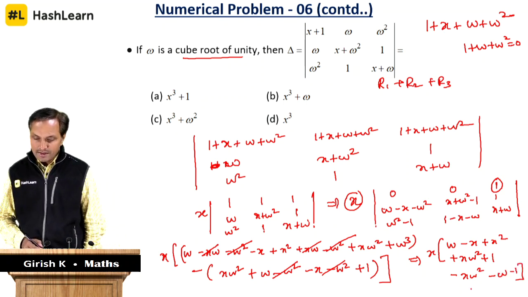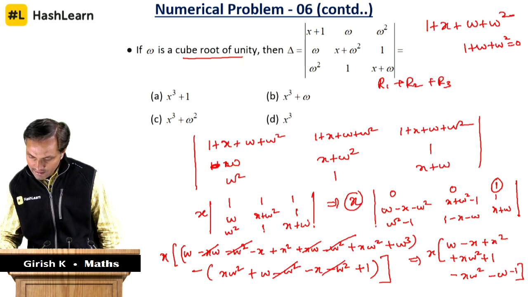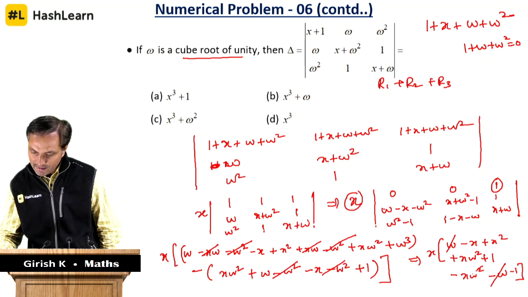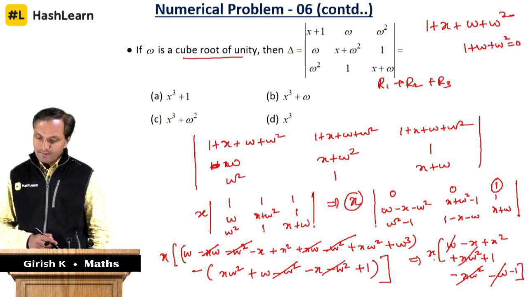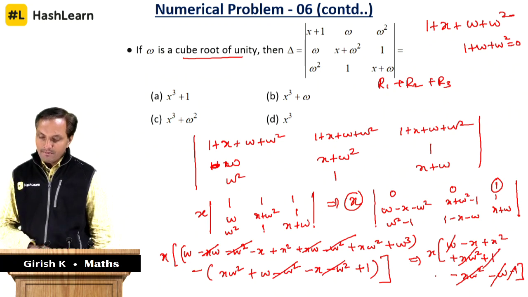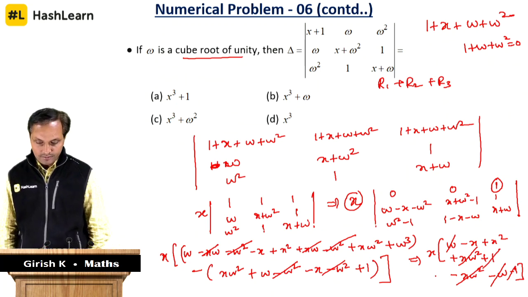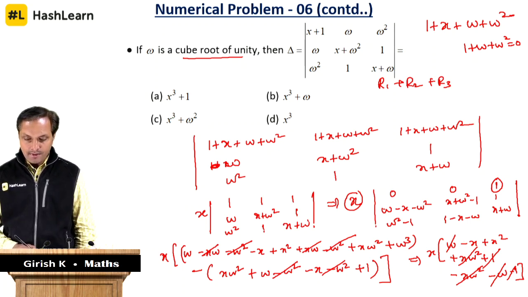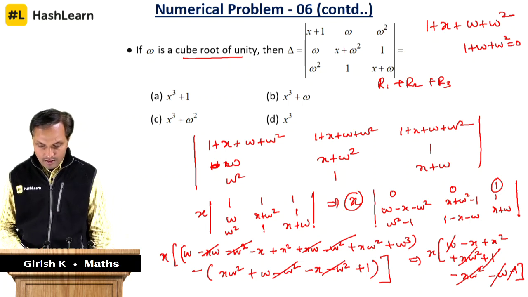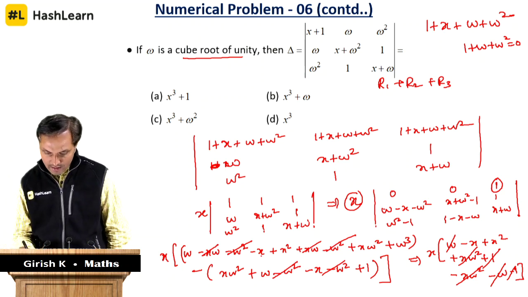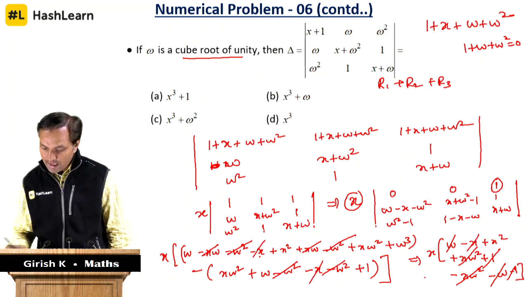So once you do the simplification, omega will cancel with minus omega, minus x omega square will cancel with this, plus 1 will cancel with minus 1. So this is minus x square, this is x omega cube, right? And this is x here and this is x here, so that will get cancelled.